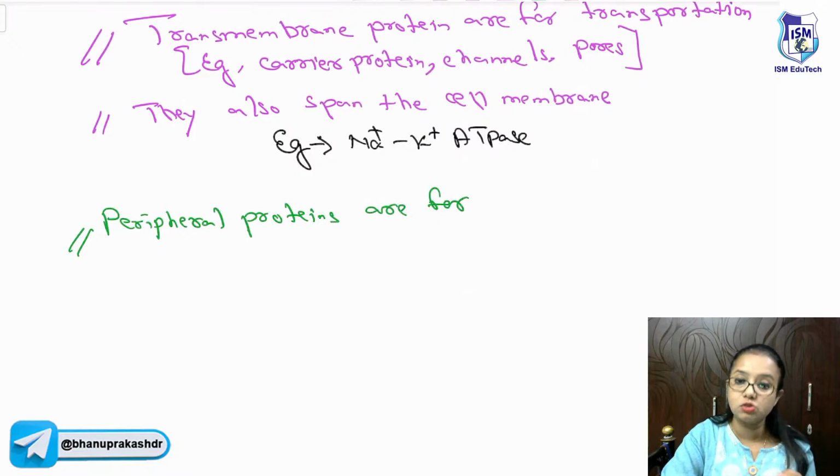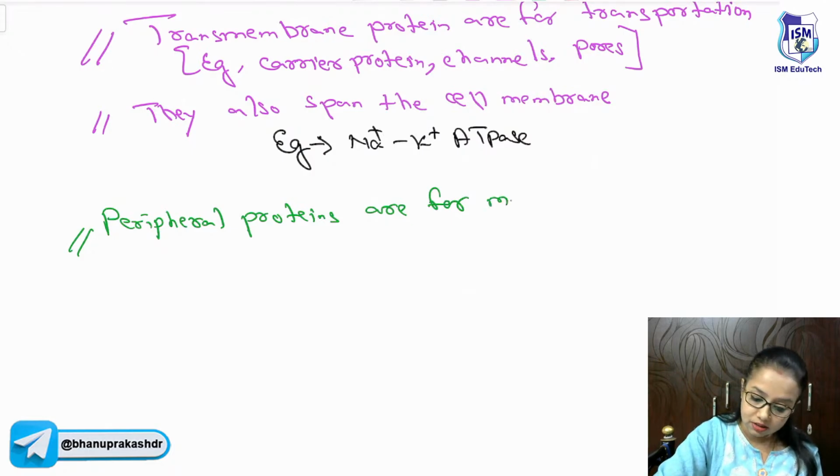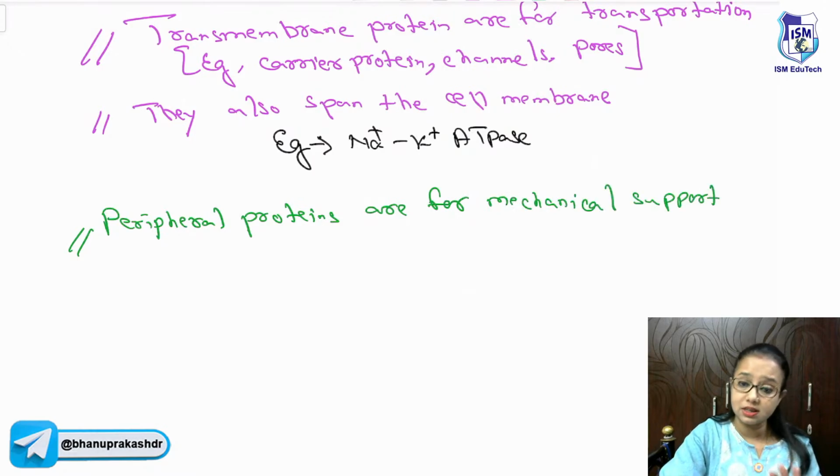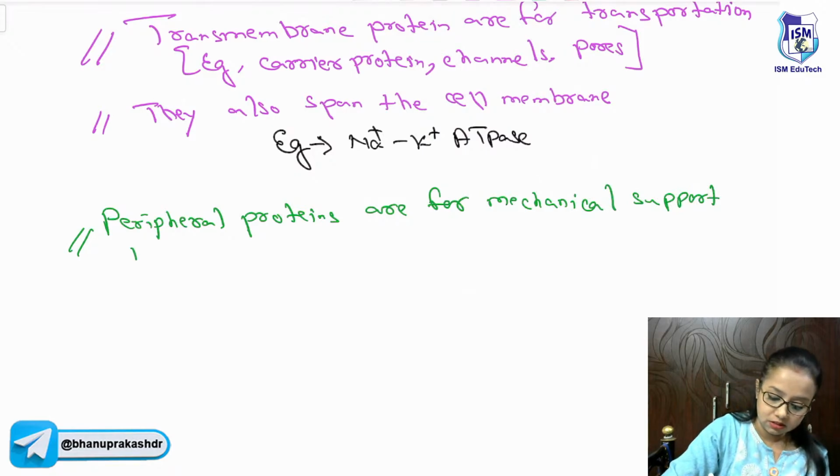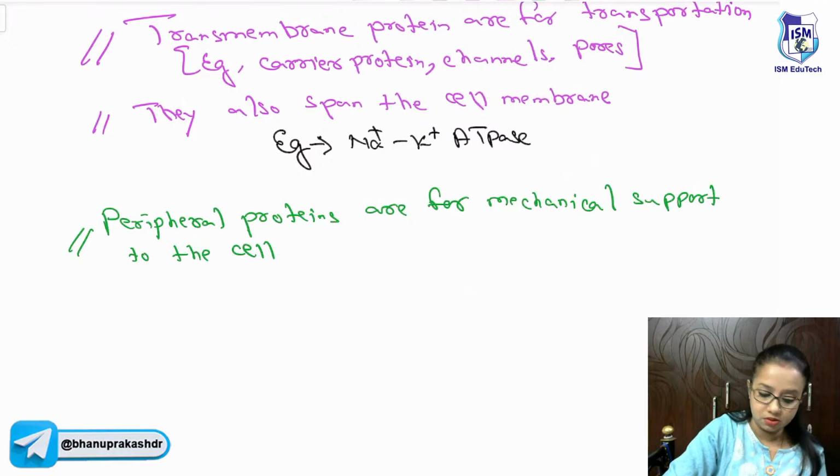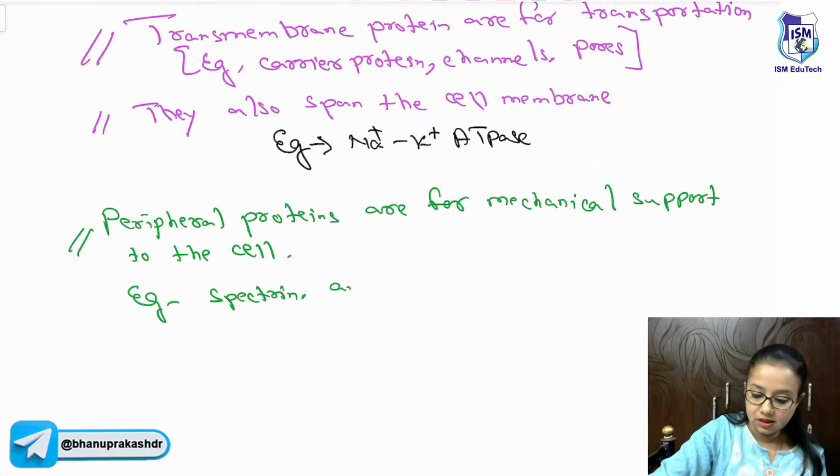They give strength and mechanical stability, that is, structural stability to the cell. Examples are spectrin and ankyrin in the RBC.